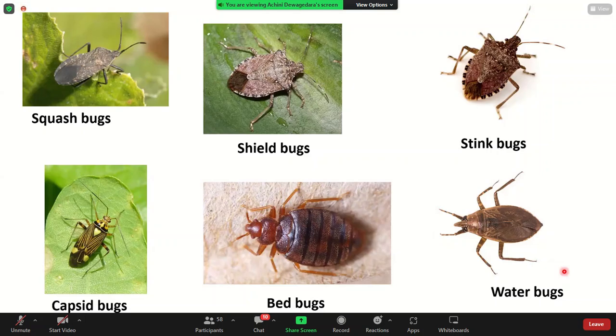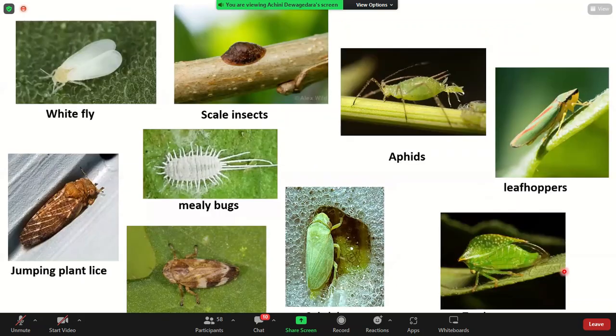I think you have seen most of these insects. Have you seen them? What are the insects you have seen out of them? Have you seen this one?